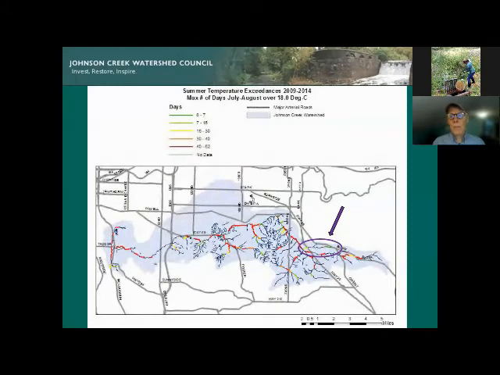As you can see in this map, the purple circle shows North Fork of Johnson Creek within the entire watershed. This is a graph that came out in our 2014 water quality report. In this diagram, red shows the greatest number of days where the temperature standard was exceeded.